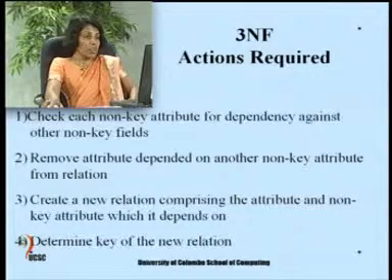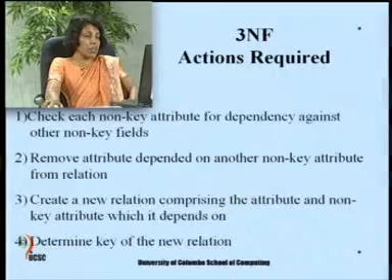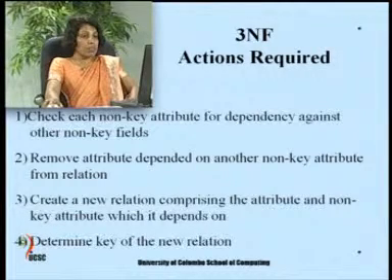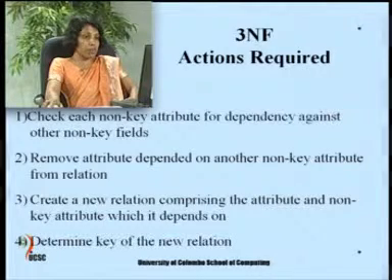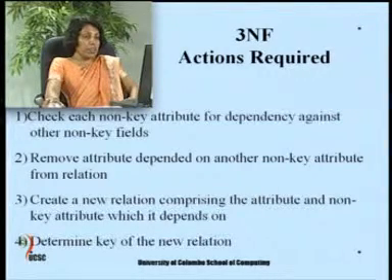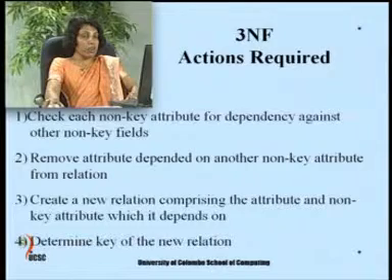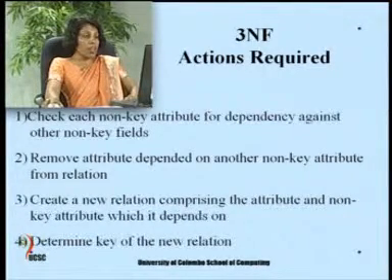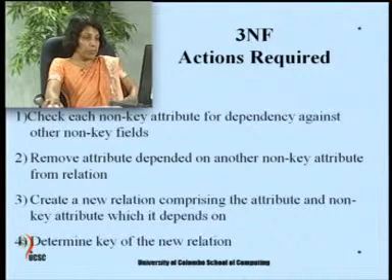So, the first action would be to check whether a non-key attribute depends on another non-key attribute, and then if there exist non-key attributes that are depending on other non-key attributes, then we have to remove those non-key attributes and form a relation.